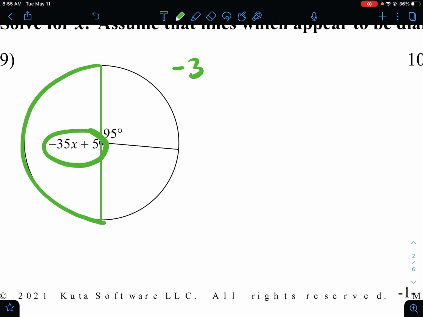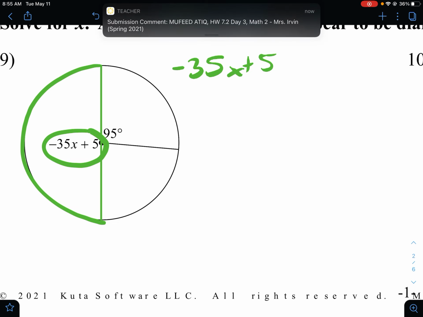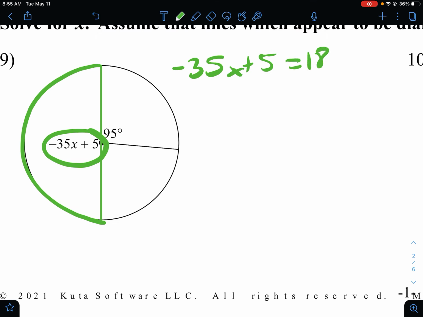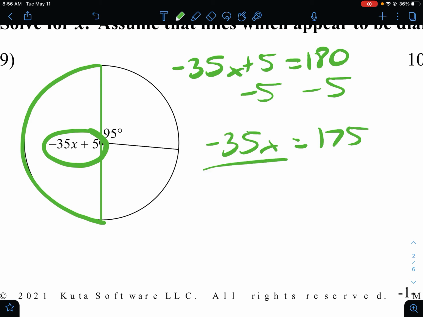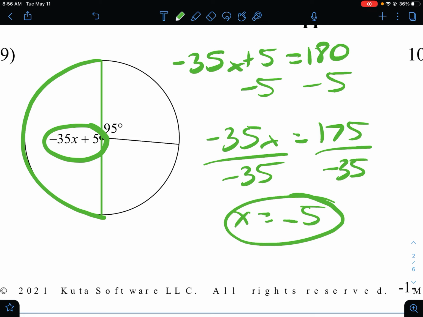So negative 35x plus 5 equals 180, and you would just solve from there. Minus 5, you get negative 35x equals 175. Divide by negative 35. My calculator wasn't ready. 175 divided by negative 35 gives me negative 5 as my x value.